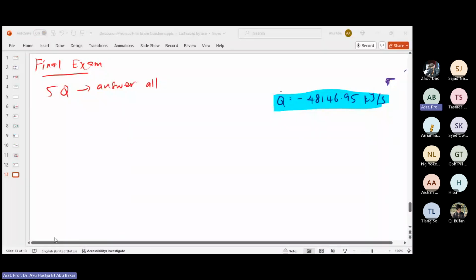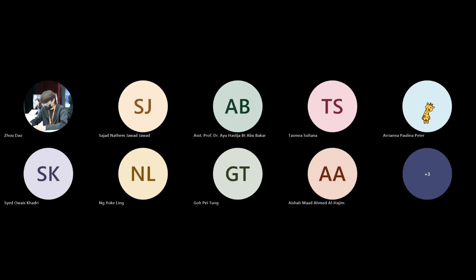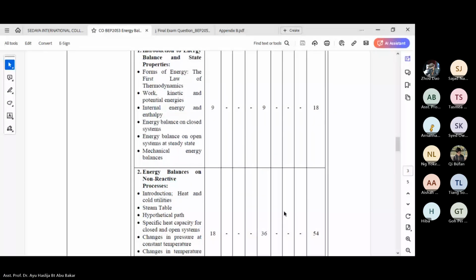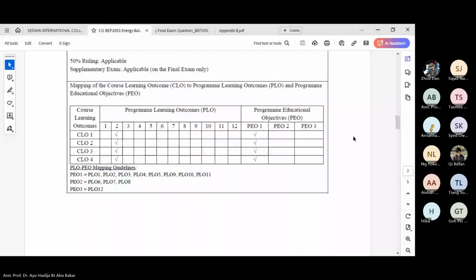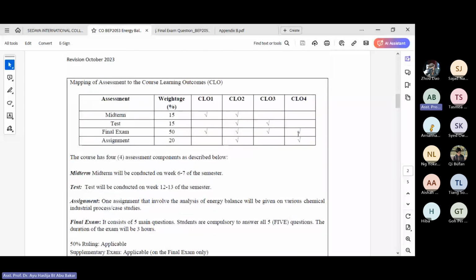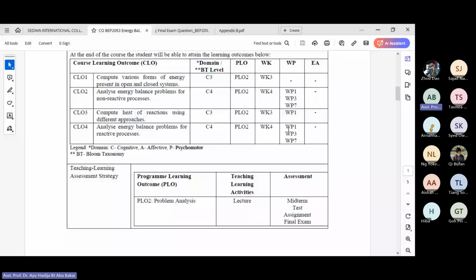Easier to discuss. Okay. The final exam covers all CLOs, which means it covers all topics.